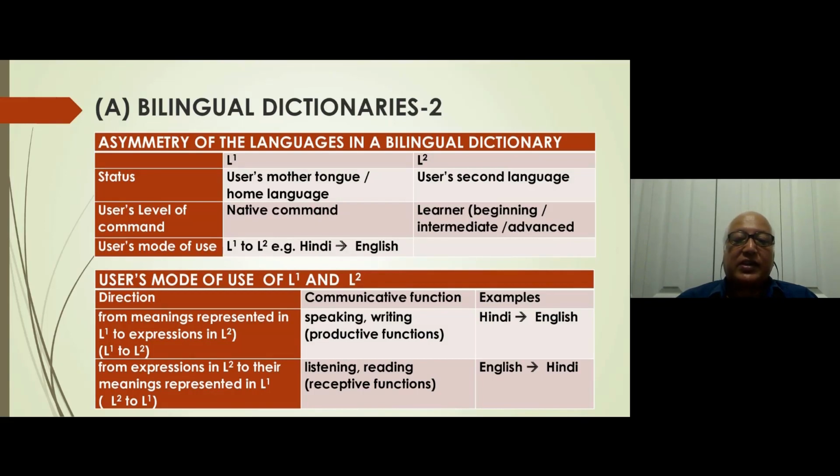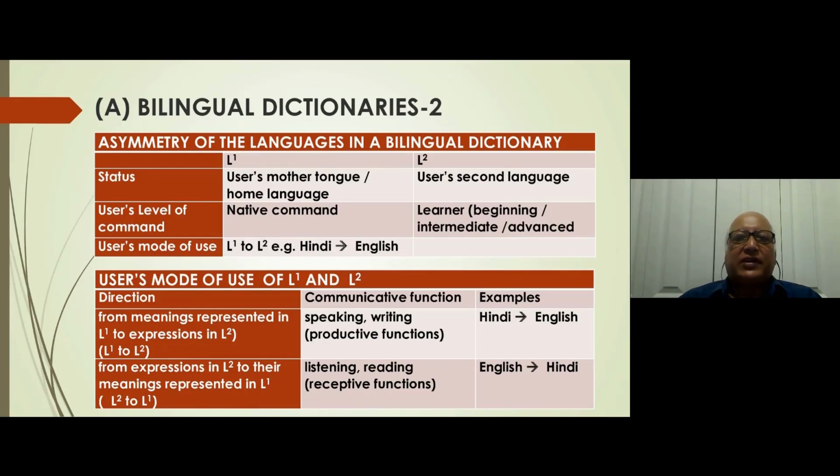That is, when a person using, let's say, Hindi, who has Hindi as the mother tongue or home language, wants to express herself in speech or in writing, she would find out what is a certain word in English.